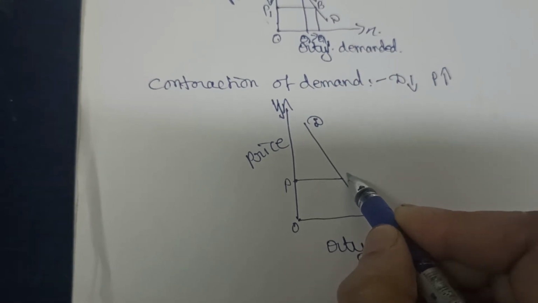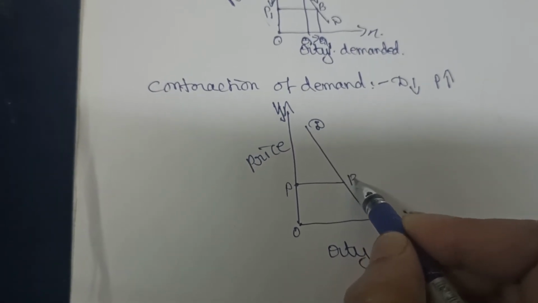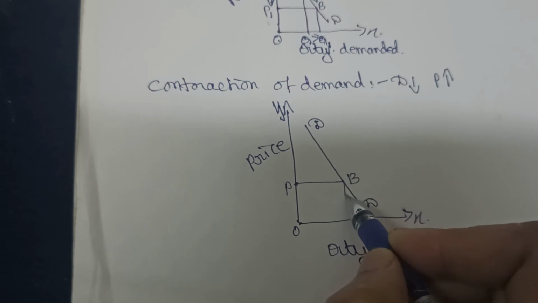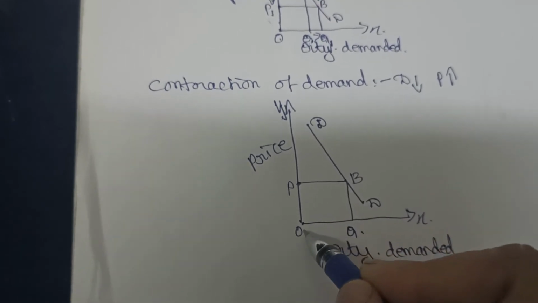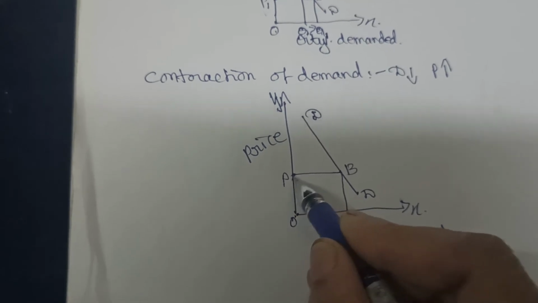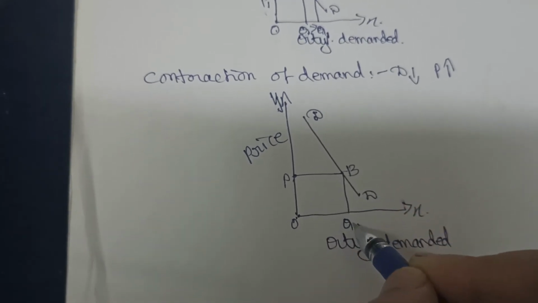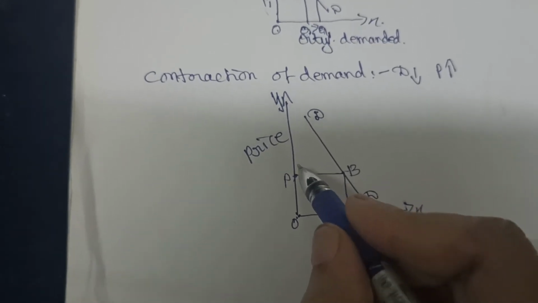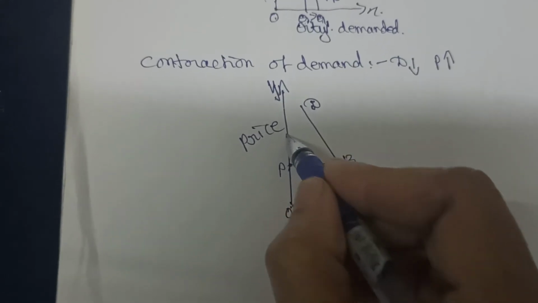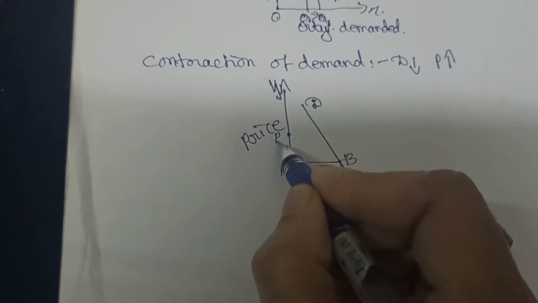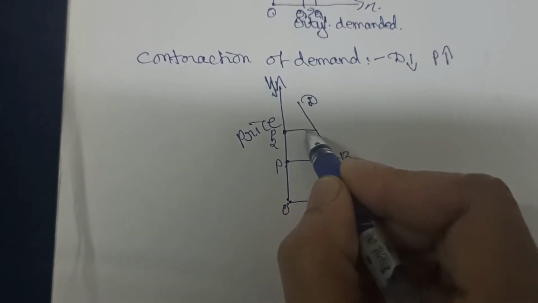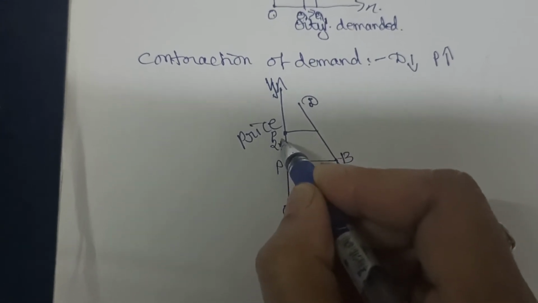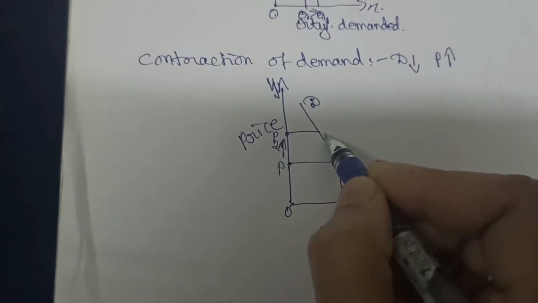Mark this point as B and join it to the x-axis. What is the meaning of it? When the price is OP, what is the quantity demanded? Quantity demanded is OQ. Now there is a rise in price. Mark above P and write P2. When the price rises, increases, put an arrow mark. What is the demand?